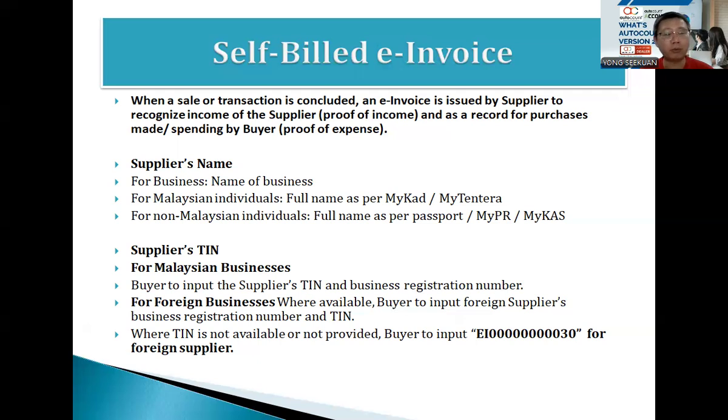Let's say you import goods or purchase goods from China. So you need to self-bill. I mean, you need to declare this import, this purchase, to the LHDN. So just take note that the general TIN number is EI00000000030.